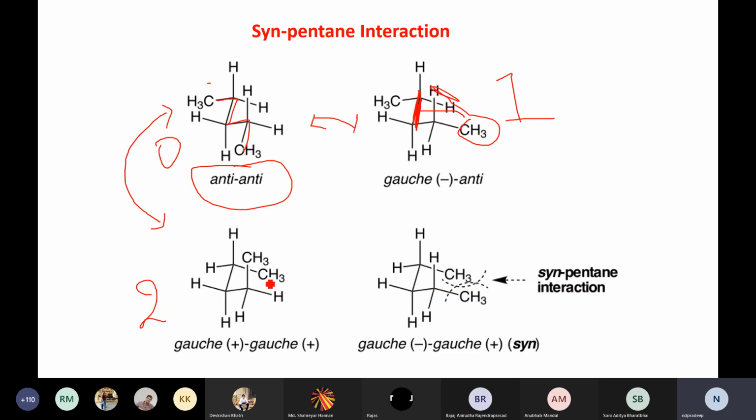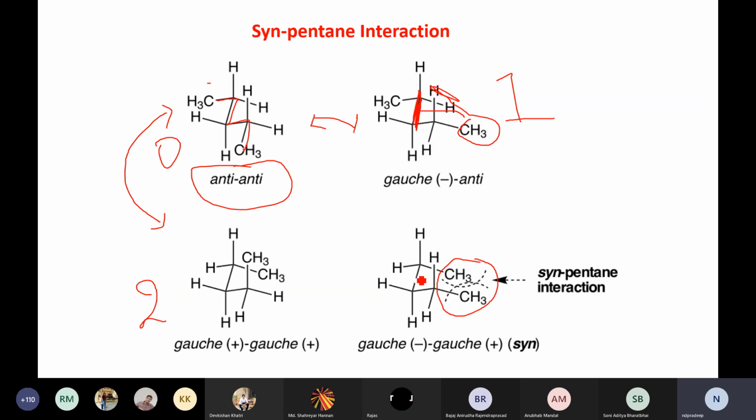But be careful with the methyl. That is very important here. The one with the methyls coming together is more important. Here you see the methyl and methyl are coming together, so it will be gauche and gauche plus it will have a syn interaction.